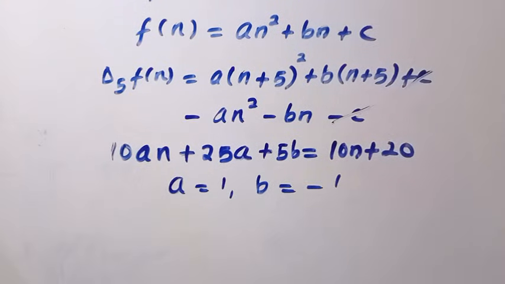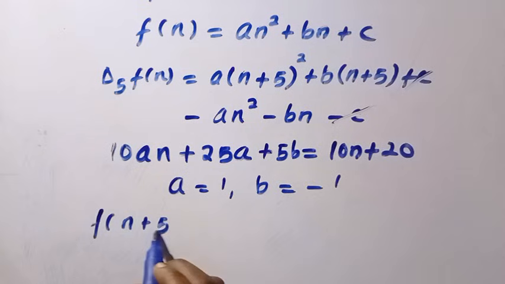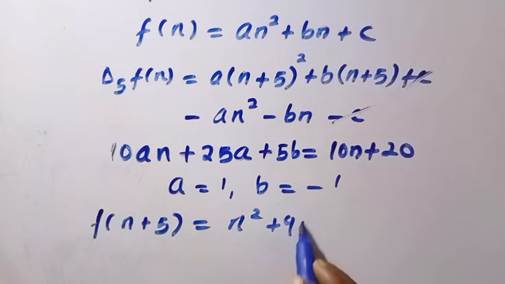Then to get the value of c, we resubstitute this back into the given function. If you recall, f of n plus 5 equals n squared plus 9n plus 8.